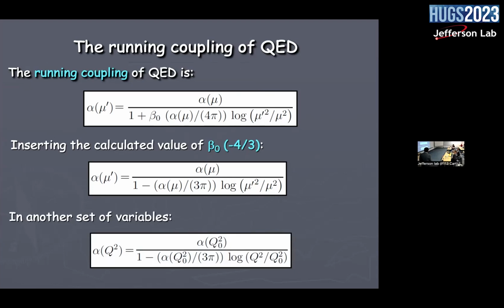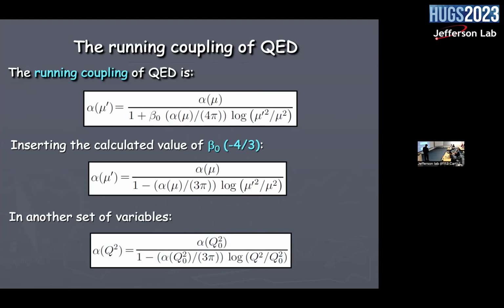So this is just a different variable that I'm using because I'm going to use somebody else's figure. Wherever there is mu prime, I call it Q0 squared and Q squared. Looking at this, one thing is that this finding will be important. Secondly, it tells us that the running of this alpha is logarithmic.